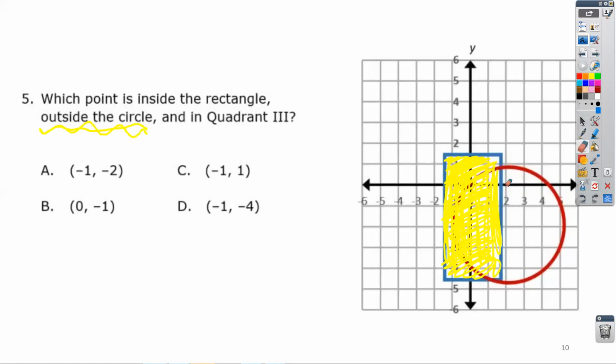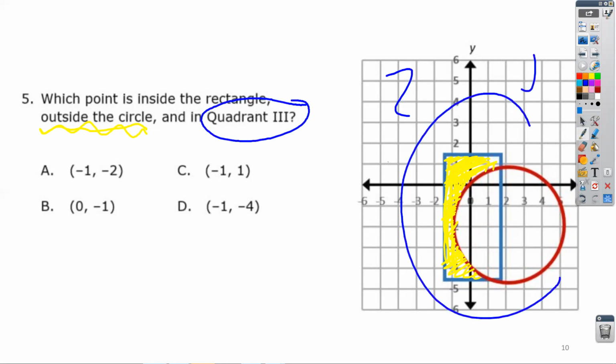So I'm going to erase everything that's inside this circle. So once in the rectangle, outside the circle, but then it said in quadrant 3. So remember, here's my C, 1, 2, 3, 4. So it wants in quadrant 3, so I have to erase everything that's not in quadrant 3. So I'm literally looking at just the yellow shaded area that you see.